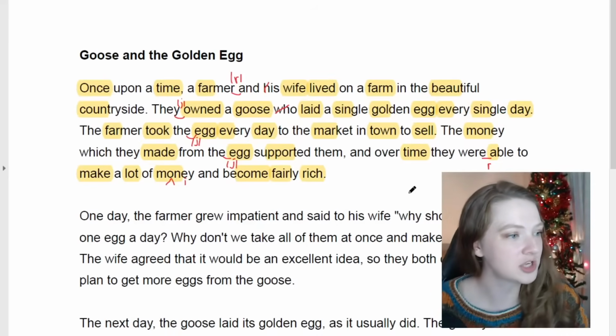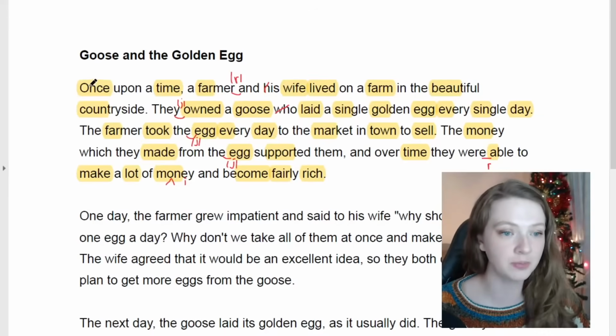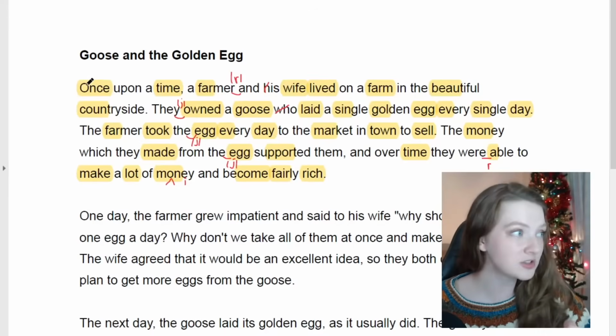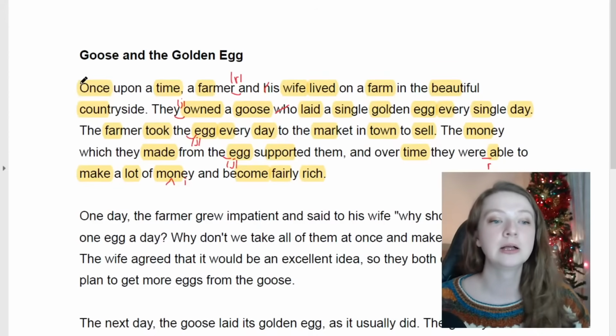About the intonation. So in this case, just to keep the intonation explanation simple, every time a word is stressed, our intonation goes up. So, once upon a time.